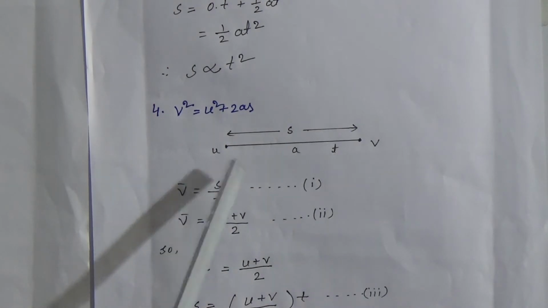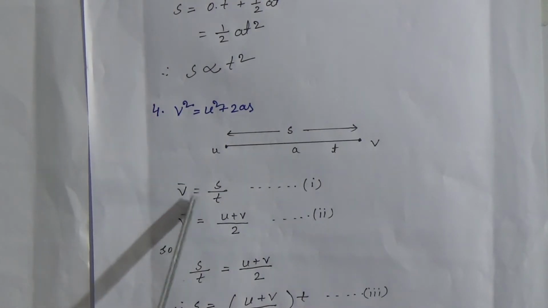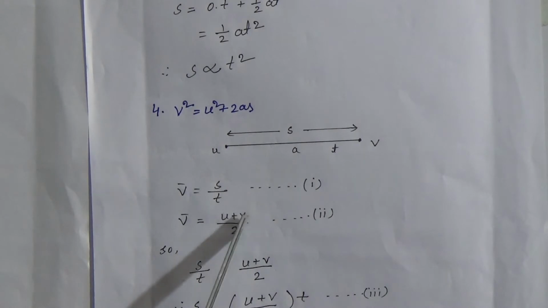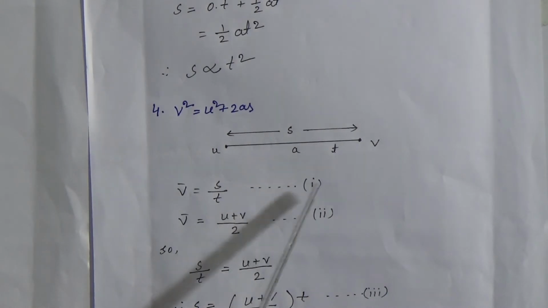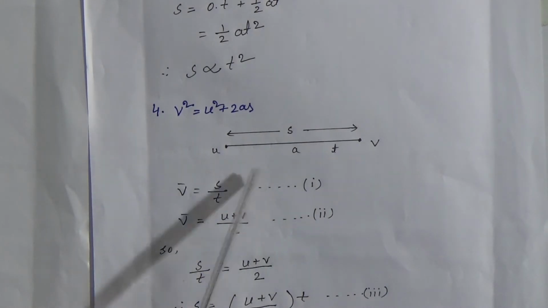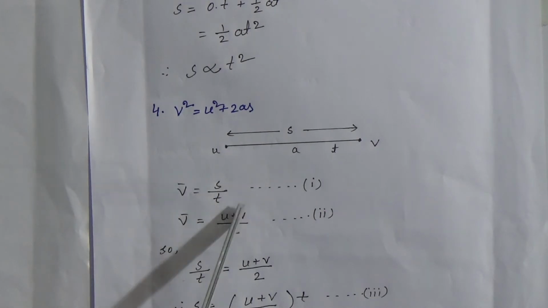Now this is v equal to this value and this is v equal to this value. So we can compare these 1 and 2 values, and they are equal. So we can write s by t equal to u plus v by 2. After calculating, we get s equal to u plus v by 2 multiplied by t. This is equation number 3.